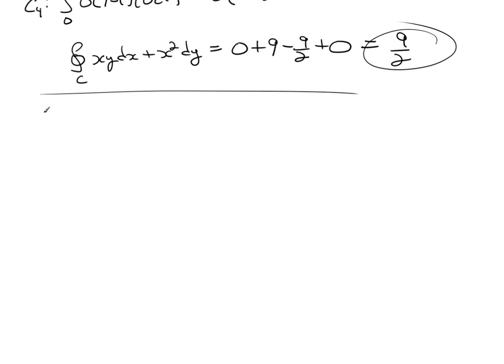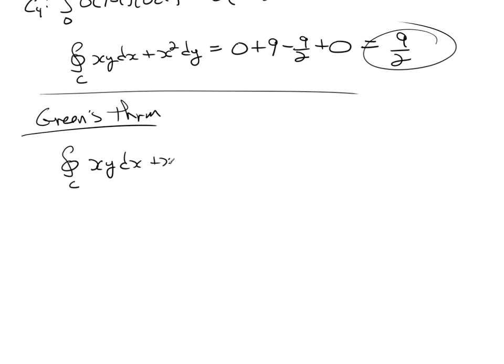Based on Green's theorem, I'm going to say that this integral over this simple closed curve C, and this is piecewise smooth, of xy dx plus x squared dy, I can look at as being the double integral over D of the partial of Q with respect to x minus the partial of P with respect to y.